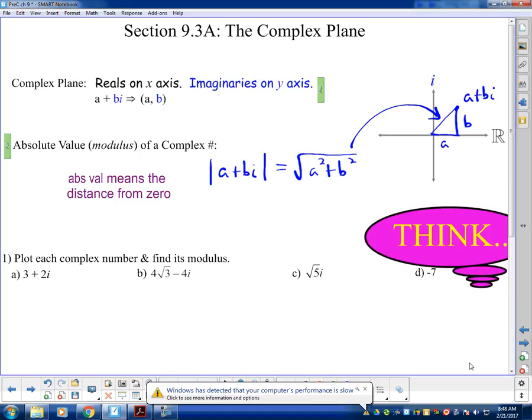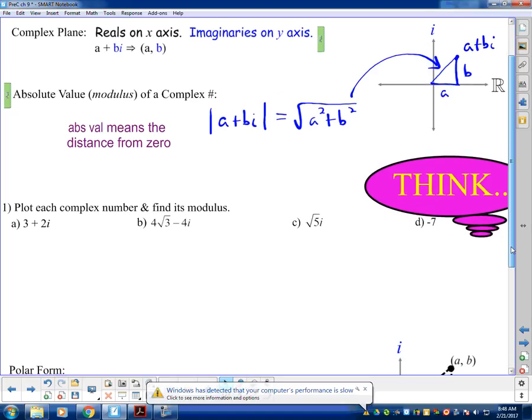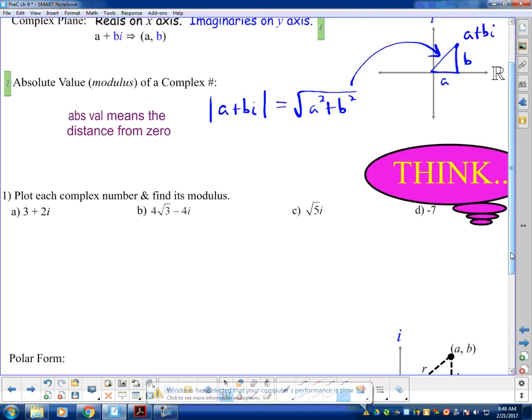So, you think you could plot each complex number and find its modulus here? Let's look at a couple of these. Let's take 3 plus 2i. 1, 2, 3 out on the real axis, 2 up on the imaginary. There's the point 3 plus 2i.